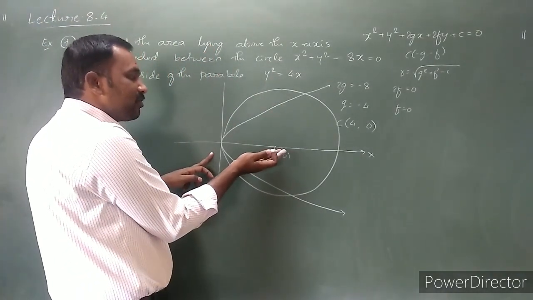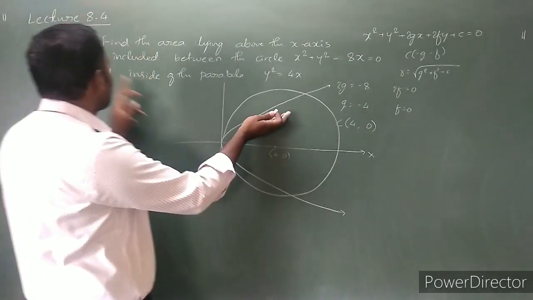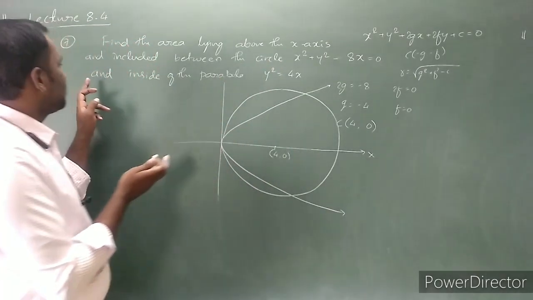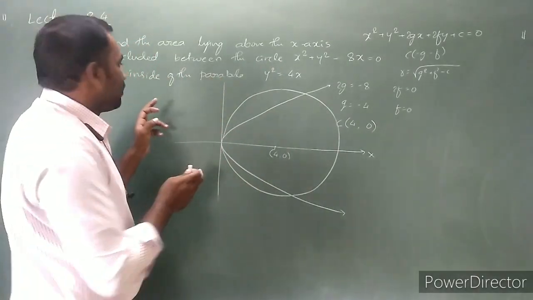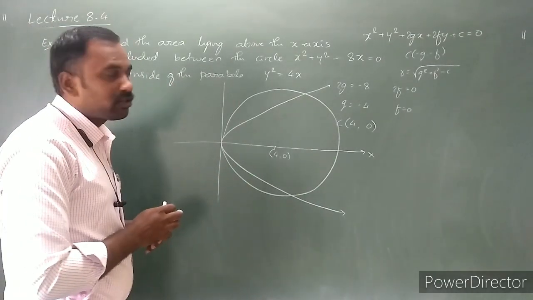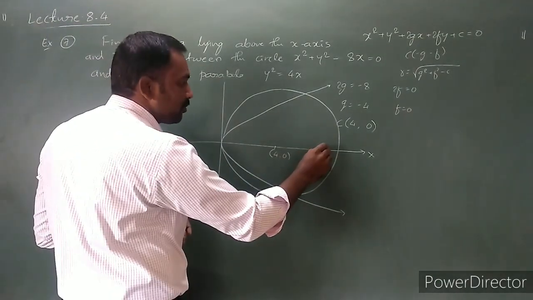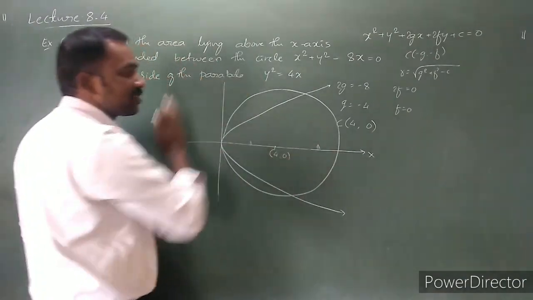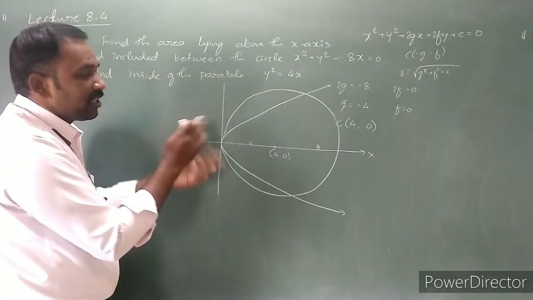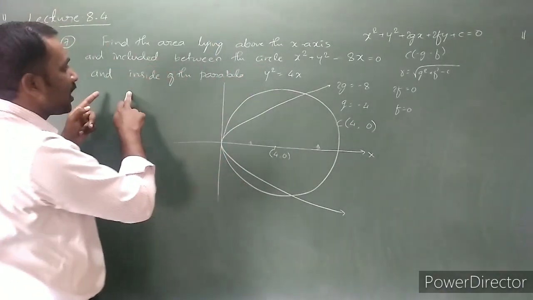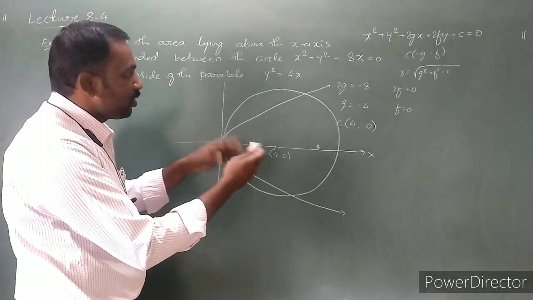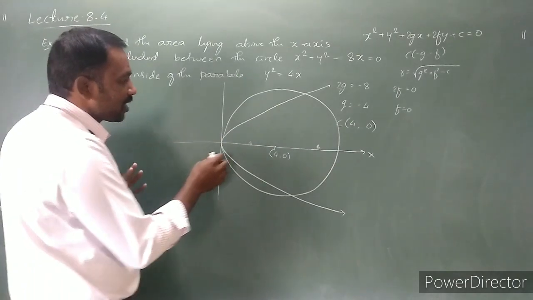The required area is above the x-axis and included between the circle and the parabola, particularly inside of the parabola y square is equal to 4x. Above the x-axis means the first quadrant is required. Next, included between what? The circle and the parabola, particularly inside of the parabola.